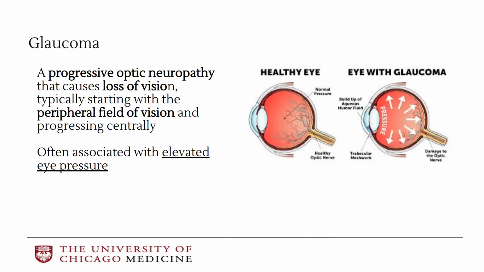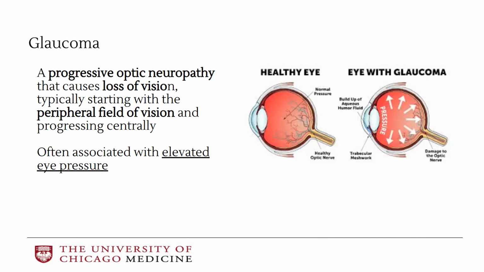So we call it a progressive optic neuropathy because, with the optic nerve, neuropathy is like a nerve problem. If you have neuropathy in your hands and feet, you can get tingling or loss of sensation or pain.